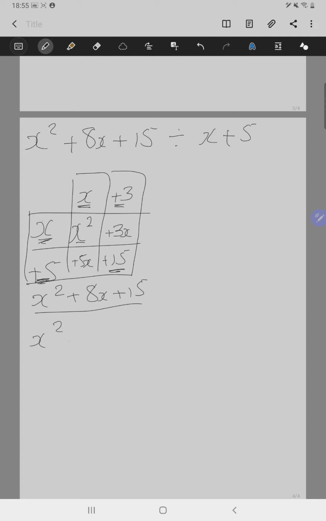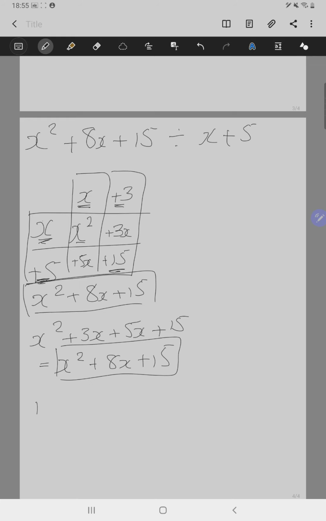So we have x squared plus 3x plus 5x plus 15, which gives us x squared plus 8x plus 15. So we know that our answer of x plus 3 has to be correct because when we add up our box, it adds up to the same as what we started with.